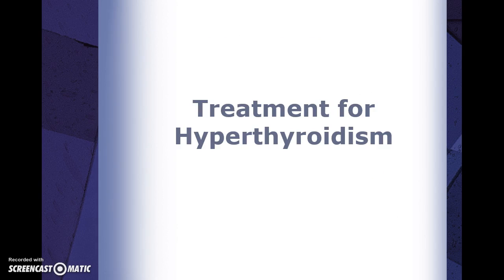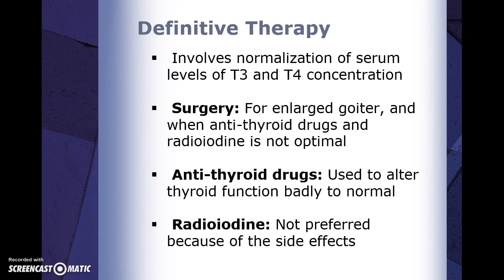There are two different kinds of treatment for hyperthyroidism. One is definitive therapy, which involves the normalization of serum T3 and T4 concentrations. Three kinds of therapy are used.